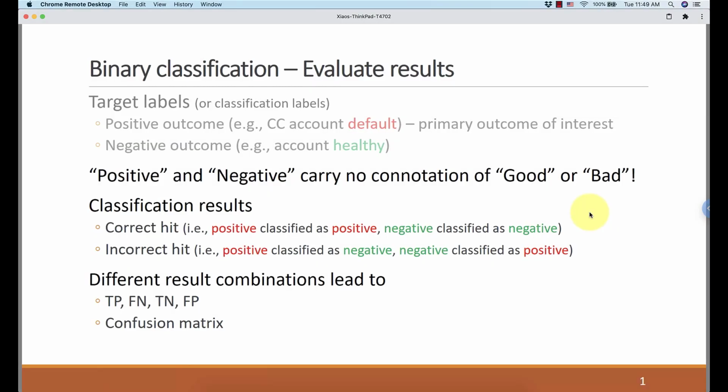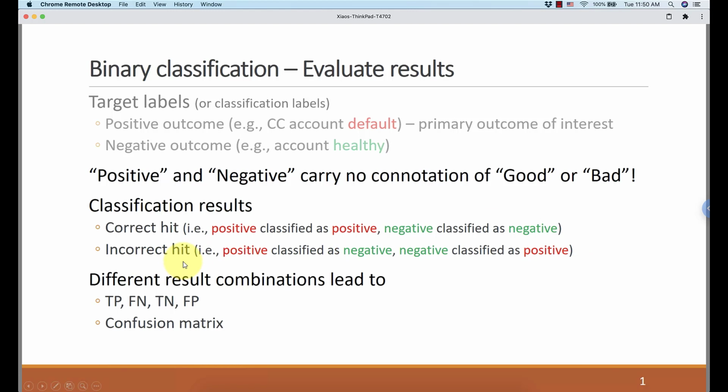When the classification algorithm makes a classification, it might be a correct or an incorrect hit. By using the concepts introduced just now, positive or negative outcome, there may be four scenarios. When the classification is a correct hit, it might be that a positive outcome is correctly classified as a positive outcome, or it could also be that a negative outcome is correctly classified as a negative case.